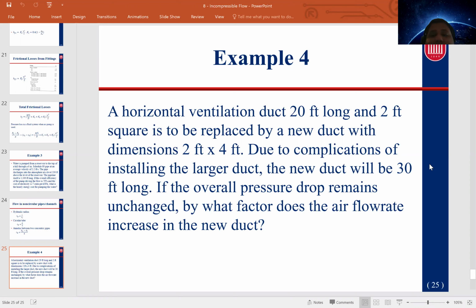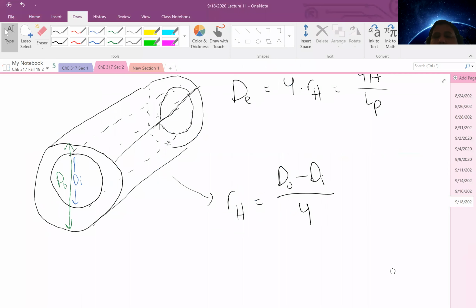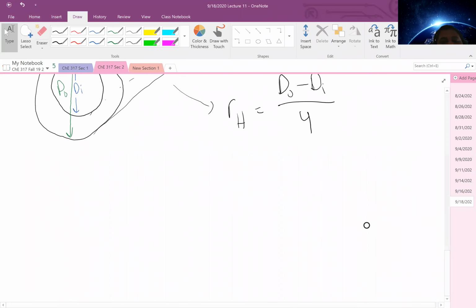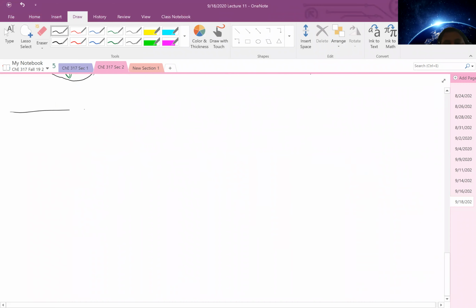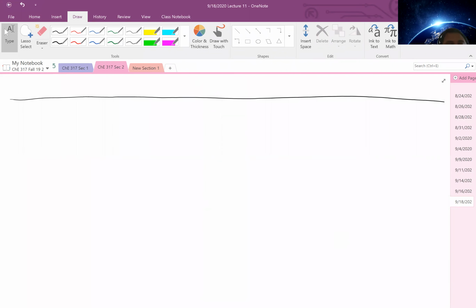All right, so let's jump back to our notes and see what we can do with this problem. This example is about replacing ductwork.